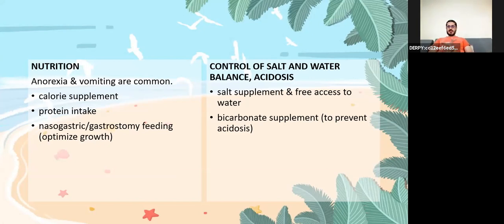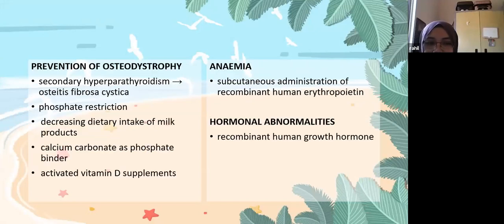Carry on. Next one is prevention of osteodystrophy. In patients with renal osteodystrophy, there will be hyperparathyroidism, which usually causes osteitis fibrosa cystica, the complication of the hyperparathyroidism itself, where the bones become deformed and very weak in those children.